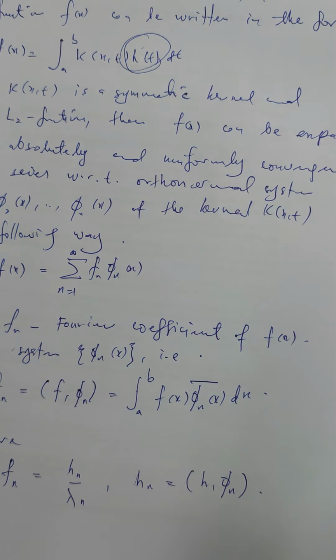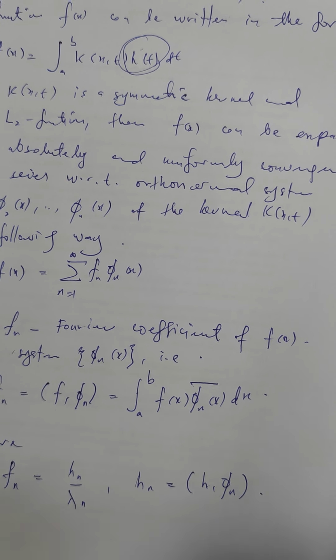We have a summation of the eigenfunction multiplied by the conjugate of the same eigenfunction, divided by the corresponding eigenvalue. All right.